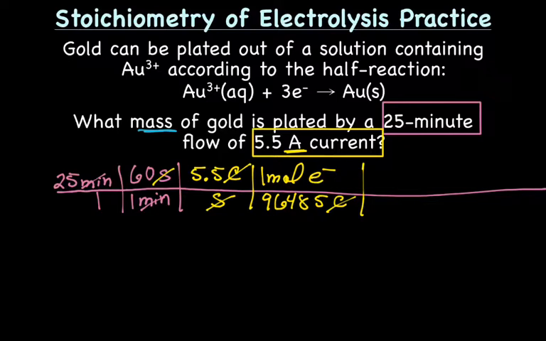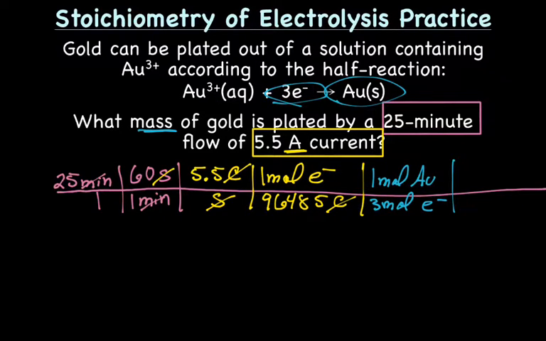We want to get to mass gold, but we're at moles electrons, and look right here, we have a coefficient with our e, so we can say 3 mole e equals 1 mole Au. And oh my goodness, moles cross out, mole e crosses out mole e.